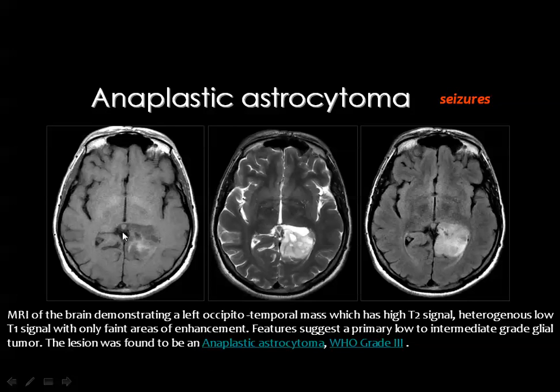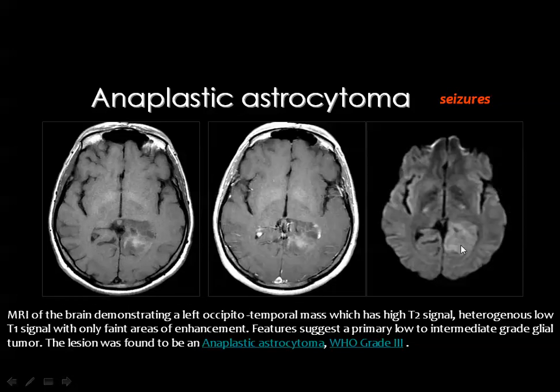In the T1 weighted image, you see this mass, and the T2 weighted image, and in the FLAIR, you see increased signal of the tumor in the T2 and in the FLAIR images. And after contrast injection, you see only patches of enhancement within the tumor tissue, and you know that most of the tumors will show diffusion free on the diffusion weighted images.